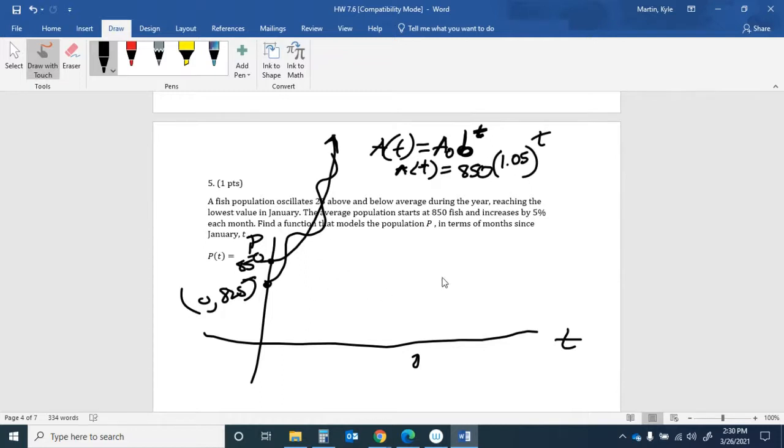All right, now as far as what is the equation, let's see, let's build it. So it's going to be negative because it's below, it's been reflected. Cosine normally starts above the midline, not below it.